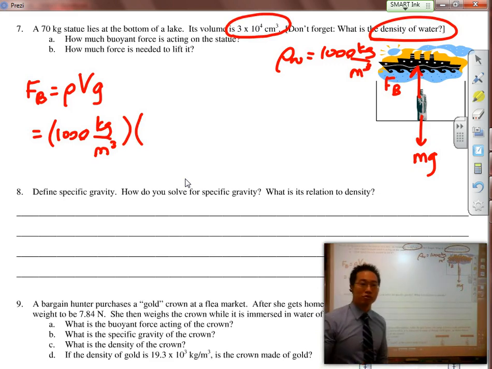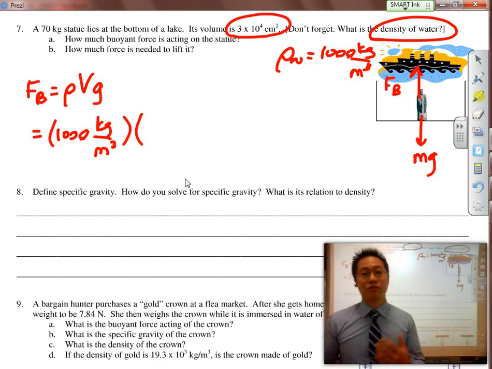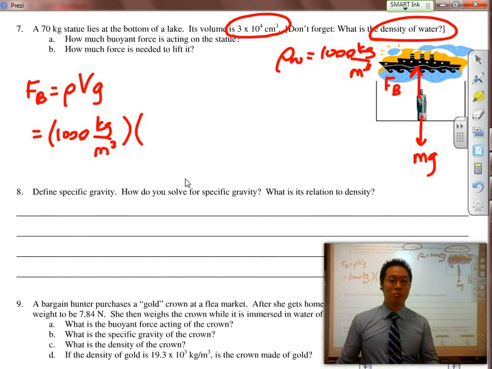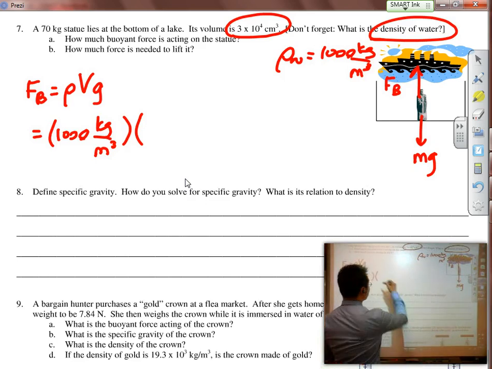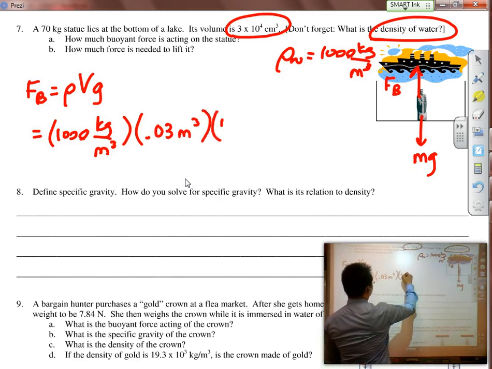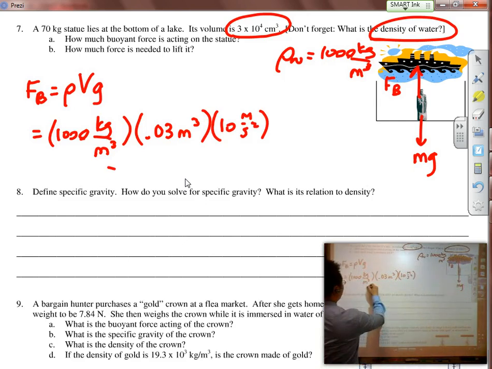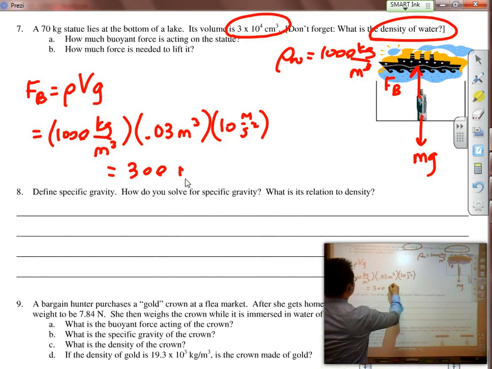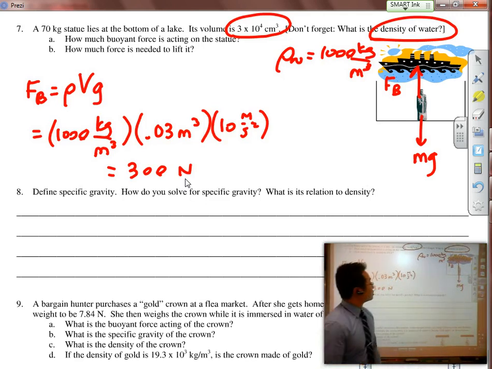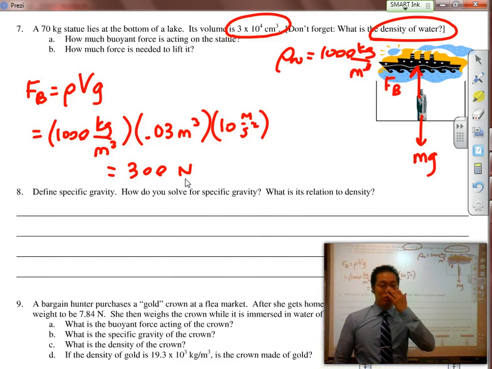Now remember, we don't use centimeters cubed, we would use meters cubed. To convert from centimeters cubed to meters cubed, we would divide by 100 three times. So this would actually end up being 0.03 meters cubed times gravity, and you would end up with 300 newtons.